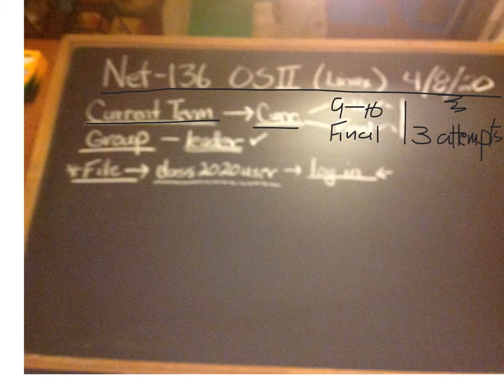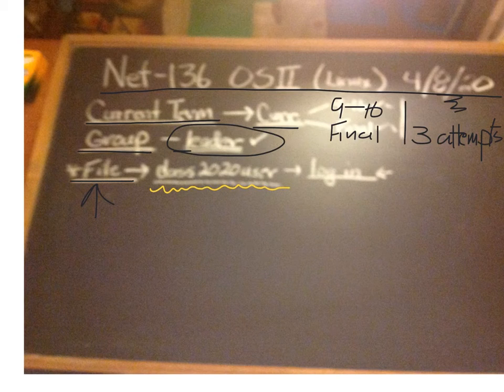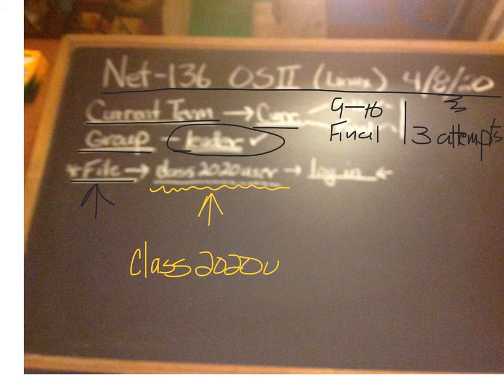3 attempts. And we talked about some group work and leaders in the group work, and then we talked about this file you should have in your directory. So you have this user, that's the class 2020 user, right?